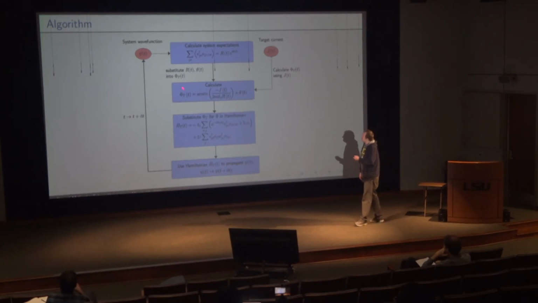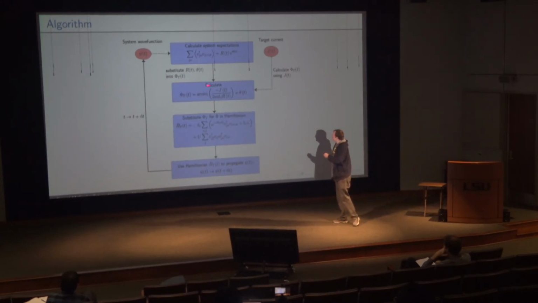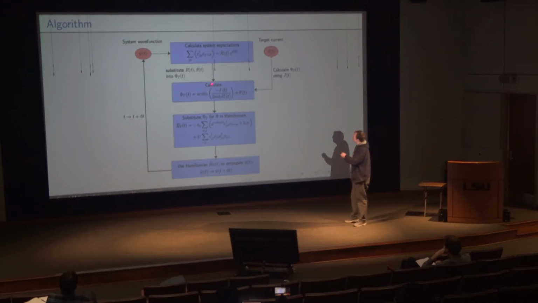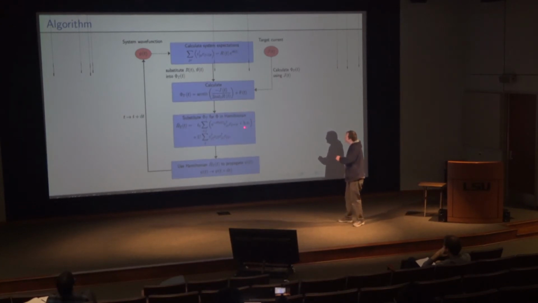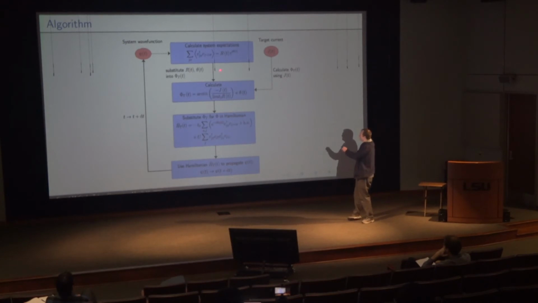The trick with this is that it depends on other expectations of the system state. So you need to calculate some system expectation. This goes into your expression for your control field as well as your expectation. So the evolution equation is non-linear in the sense that, if I were to put it in explicitly, you'd see expectations of psi in here.